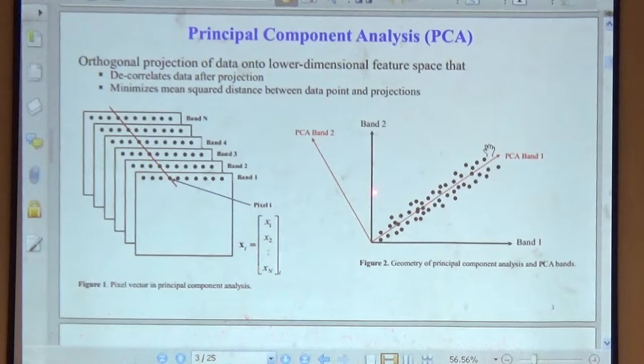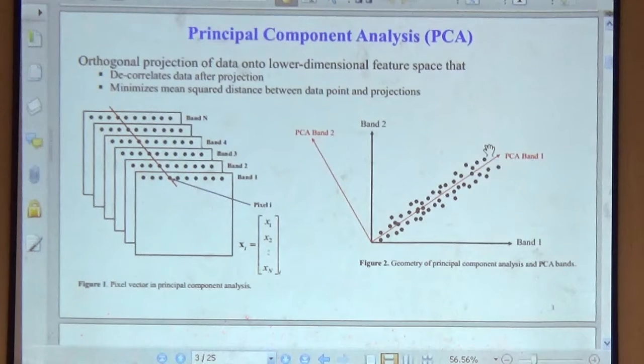Similarly, if I project from here to here, this is the distance. But if I transform this axis to the red one, then my projection is only from here to here. And if I correspondingly transform this axis, then my projection is only here. So if I square the distance and sum, I will get less distance between the data point and projection.